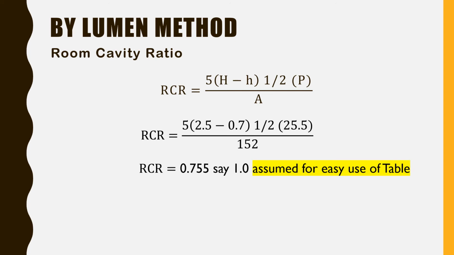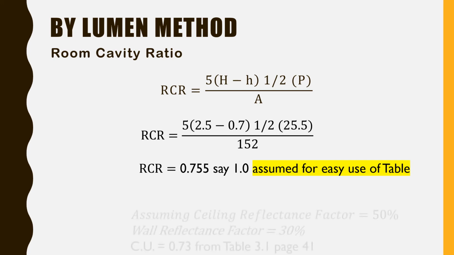So RCR is equal to 0.755. Now just for calculation's sake, we will make it 1.0. So we will assume 1.0 for easy use of the table. Otherwise, we will use interpolation. That is also possible, but to show you quickly how to use the table.